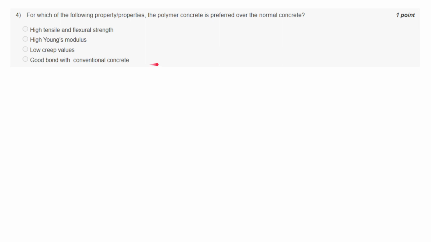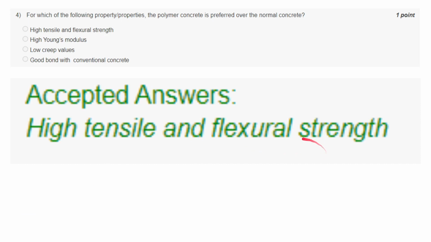So the first option is correct. Apart from that, it results in low Young's modulus, high creep values, and it does not have good bond with conventional concrete. So all the other three are wrong apart from the first one.